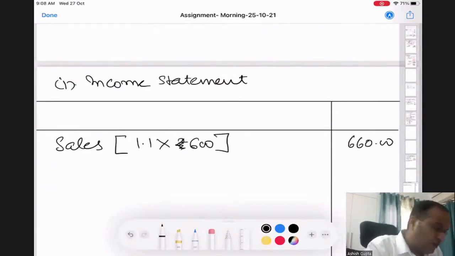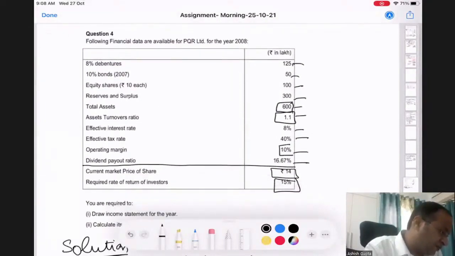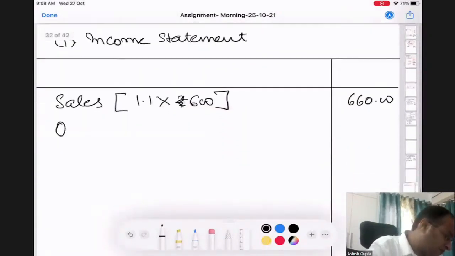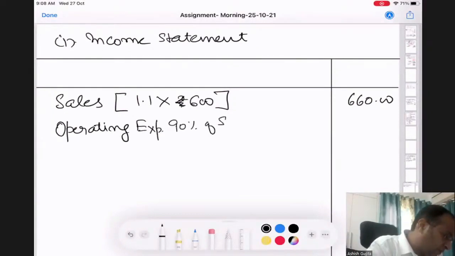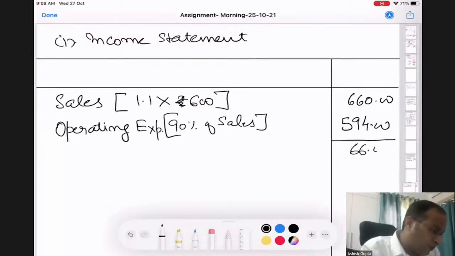Okay, students, not an issue. Now our operating margin is 10%, so our operating expenses are 90% of sales.